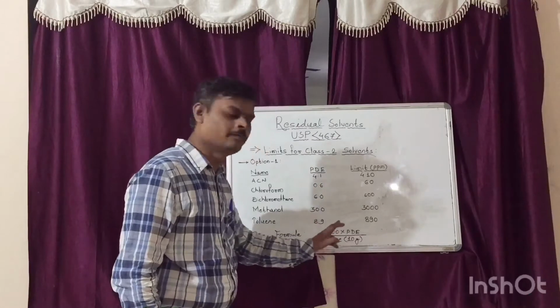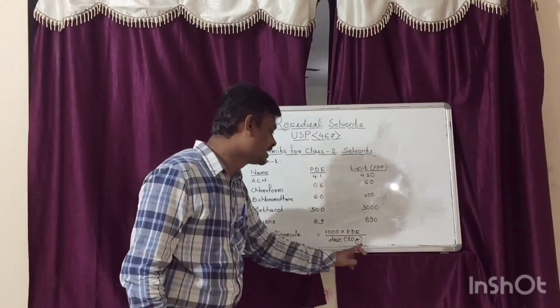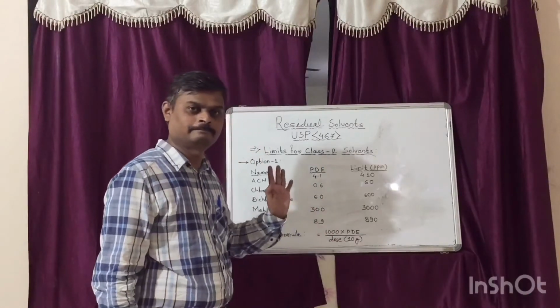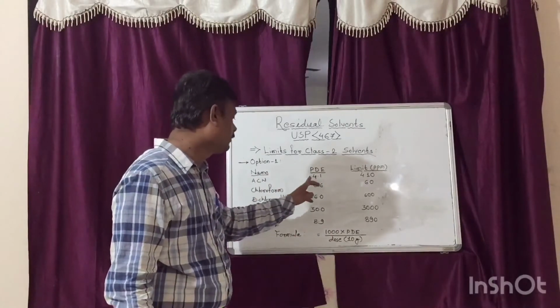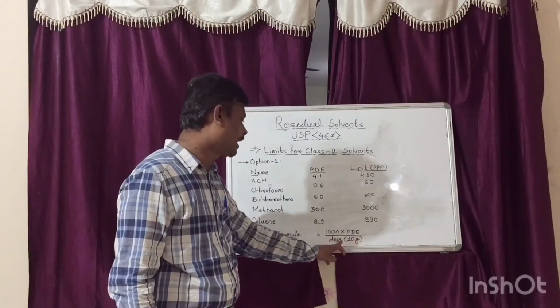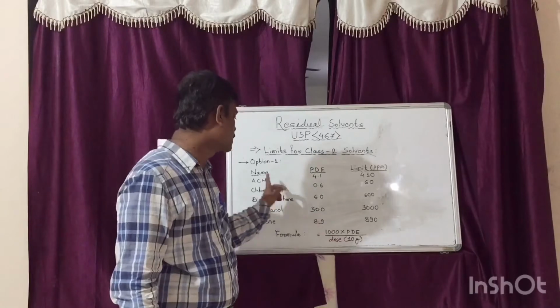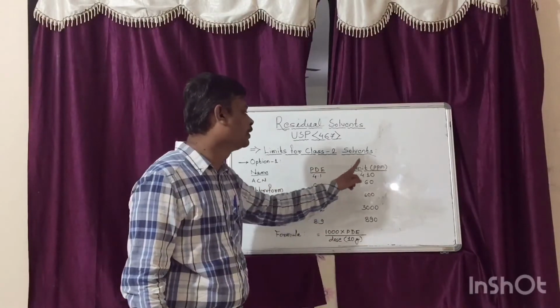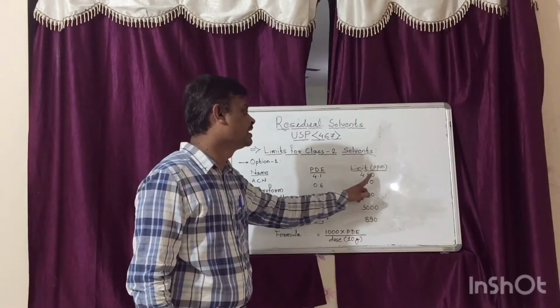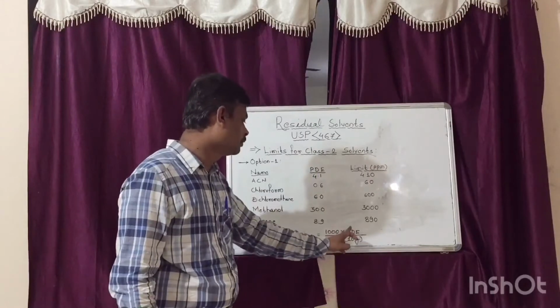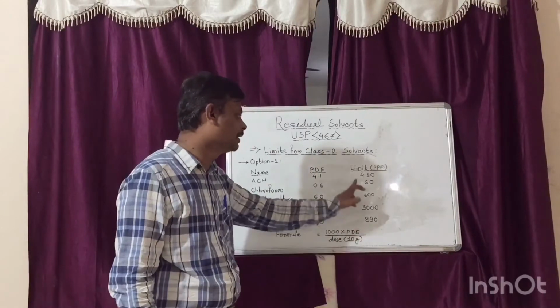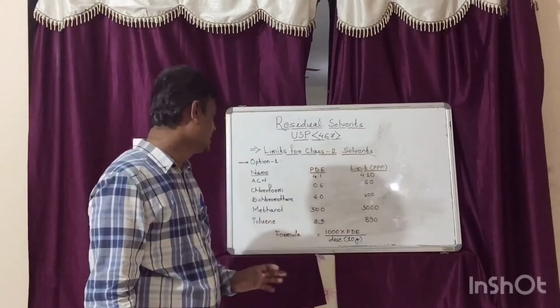In case of option 1 criteria, dose is considered as 10 gram. If you put the value of PDE 4.1 and dose as 10 gram, the option 1 limit for acetonitrile will be 410 ppm. 1000 into 4.1 divided by 10 will be 410 ppm.